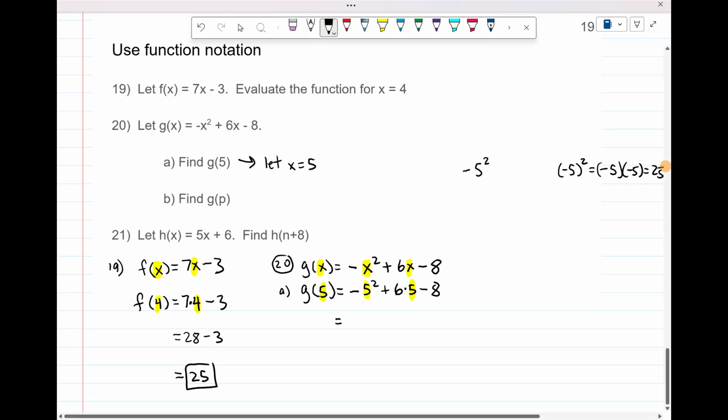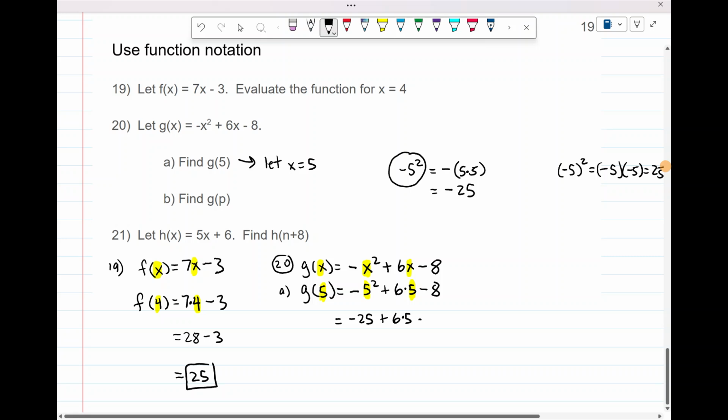But negative 5 squared, without the parentheses, is actually equal to negative, and you do the 5 times 5 first. And 5 times 5 is 25, so this is just going to be negative 25. So a very important distinction between if you have a negative 5 squared like this, or if you have a negative 5 in parentheses squared. So this will be negative 25.